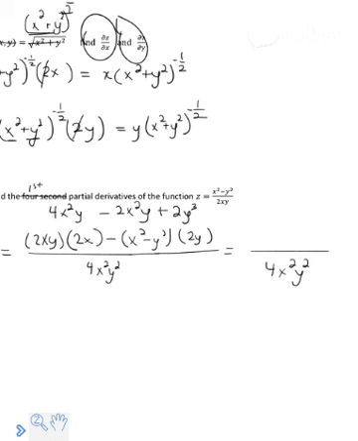Combining like terms gives us 2x squared y plus 2y to the third. So there's the partial derivative of z with respect to x.